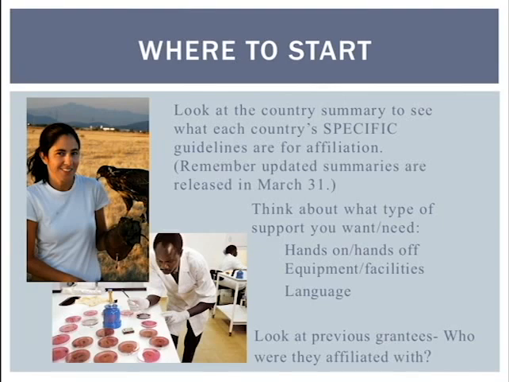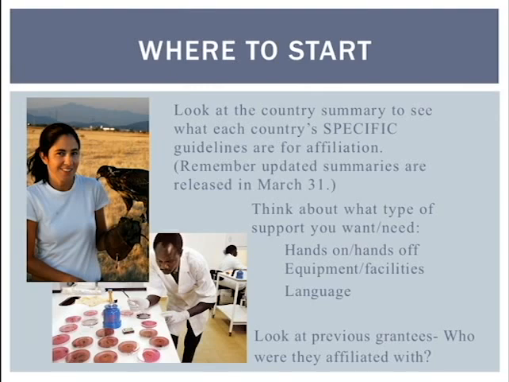Some might say that affiliation is not required by the time of application, although having an affiliation already in place and secured just makes your application and the feasibility of your project that much stronger. But one country might say that you have to affiliate with a university, for example, and don't have flexibility in other types of organizations. That's why it's important to read those country summaries.